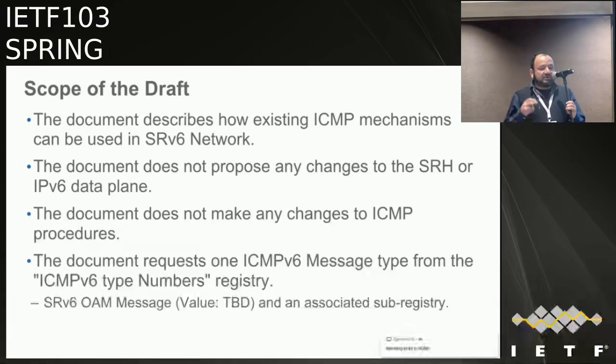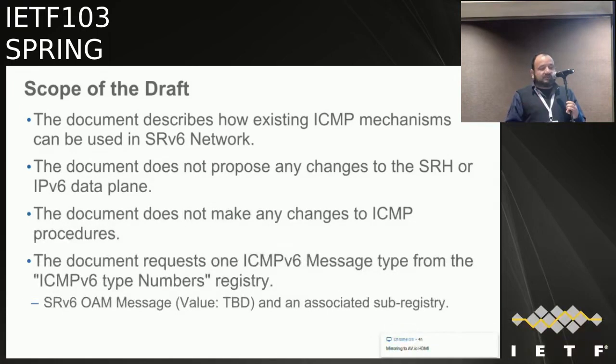Essentially, the only thing that we're asking for is some new code points for the ICMPv6 type numbers, so that we can have some more specific error codes during the O&M for SRv6. That's the only thing, and it's not a big dependence on SIGMAN.